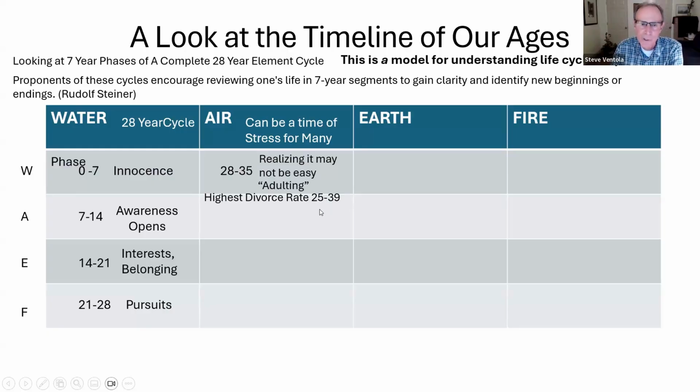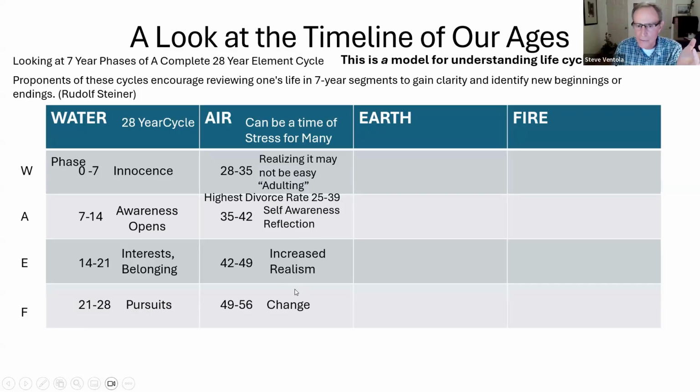So if we look at 35 to 42, it's self-awareness, reflection, beginning to realize more what it is to be an adult. 42 to 49, increased realism, in terms of, okay, this is what it is. And then 49 to 56, change. A person may experience a midlife crisis where they realize things don't inspire me anymore, a change is needed.